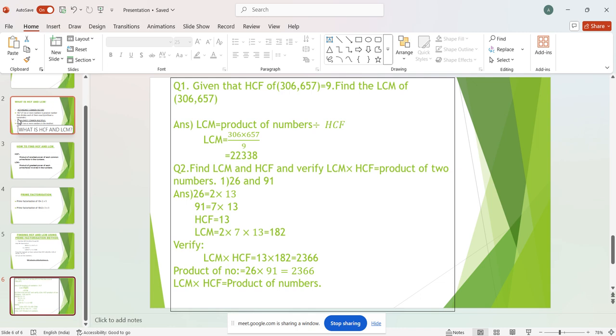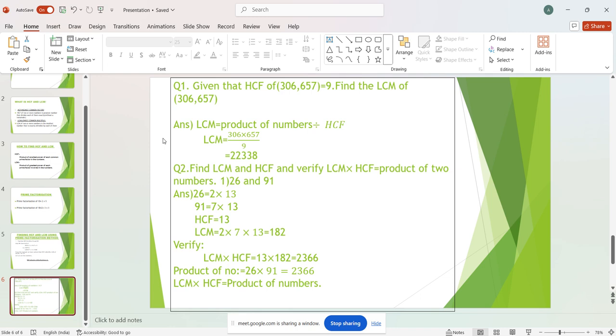So first you think: HCF is given, LCM you don't know. The numbers are also given, 306 and 657. So you think of the equation, LCM into HCF equals the product of the numbers.